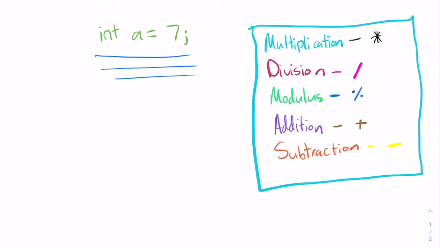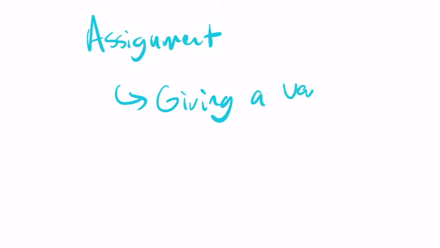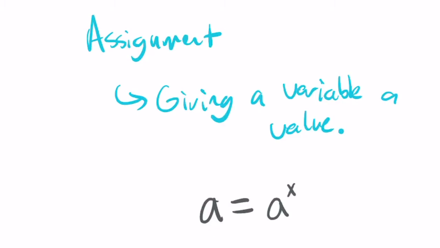In order to implement these, we have to use assignment. If you may recall, assignment is giving a variable a value. So in order to assign a variable a new value, we have a defined over here. We can do a is equal to a times 2.